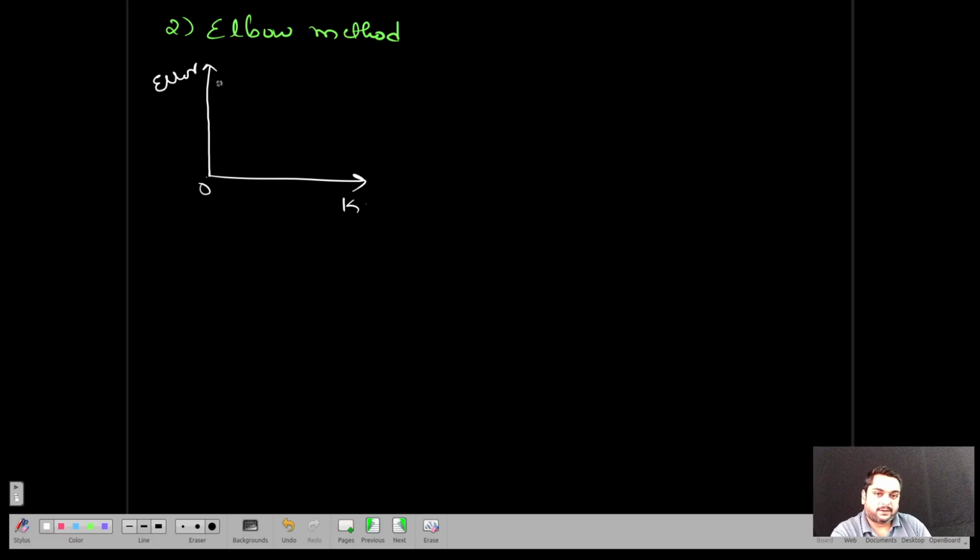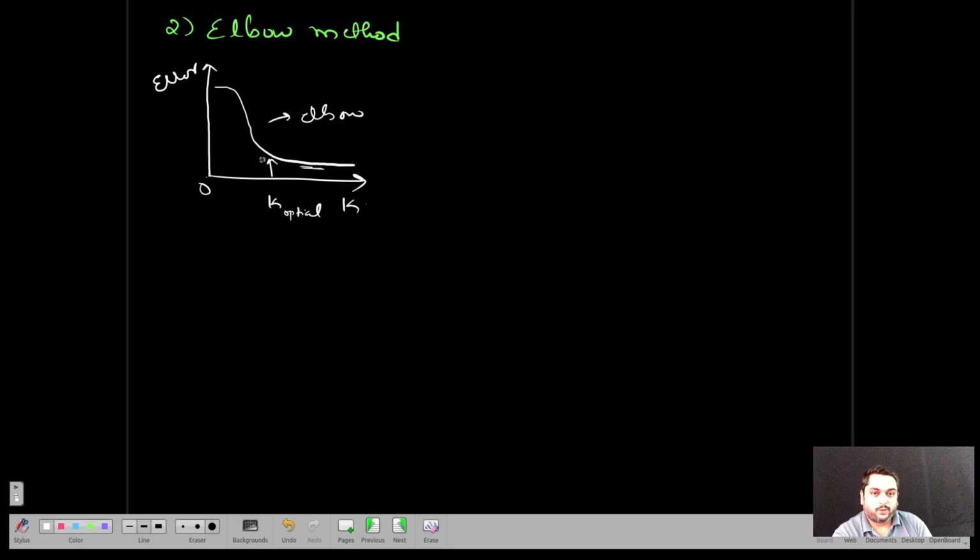If you observe the pattern, the error initially remains the same, then drastically decreases, and then keeps decreasing, but the decrement is negligible from here. For example, from this point, this will be my optimal k. If you observe this curve, it looks like an elbow.